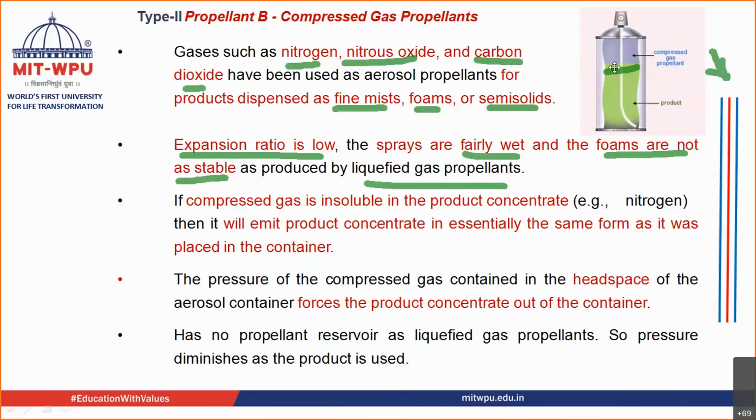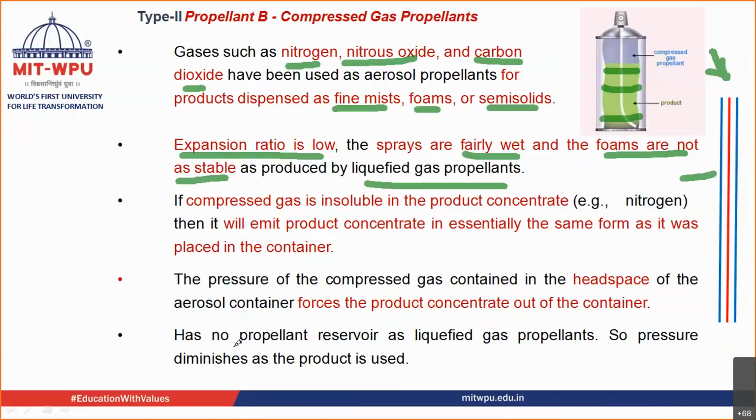At this time, the pressure is maximum. As the product level falls down till here, the pressure applied by the compressed gas decreases. As it falls down over here, the pressure still decreases, and once it falls down till here, the pressure is quite minimum in nature. This compressed gas is contained in the headspace of the container, and it is applying pressure on the product.